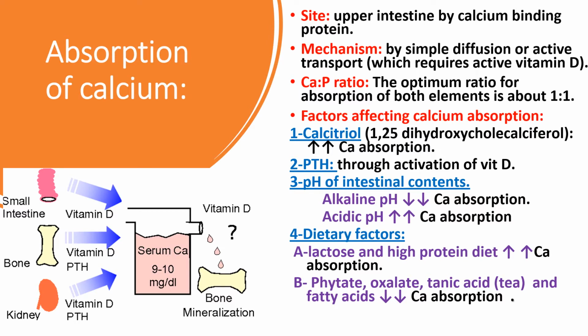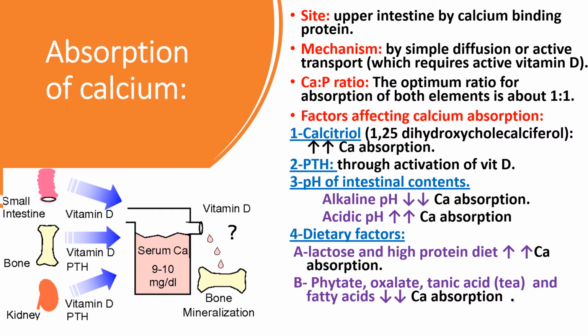So calcium absorption occurs in the upper intestine by calcium-binding protein, by simple diffusion or active transport, and requires the presence of the active form of vitamin D. Calcitriol and parathyroid hormone increase calcium absorption. Alkaline pH decreases it, while acidic pH increases it.